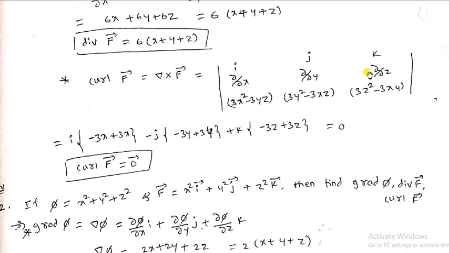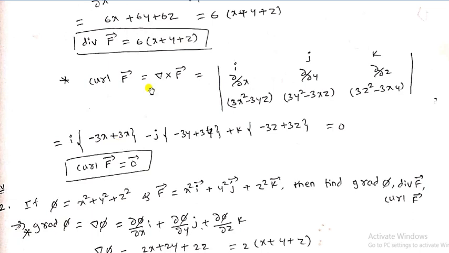While multiplying in this direction, the sign is always minus here, so minus of minus becomes plus. So minus 3x plus 3x here.